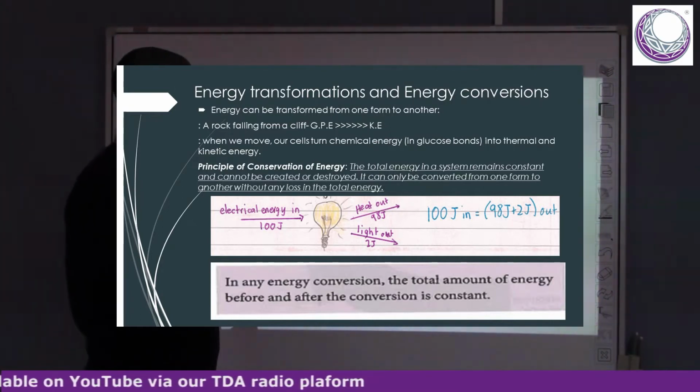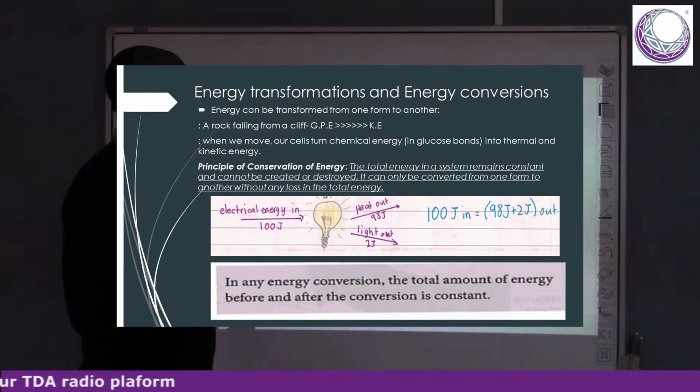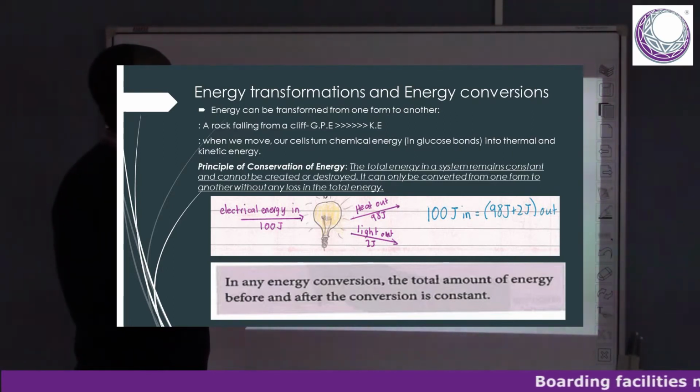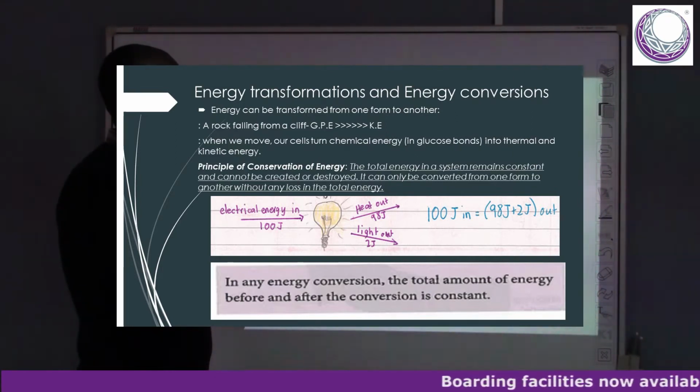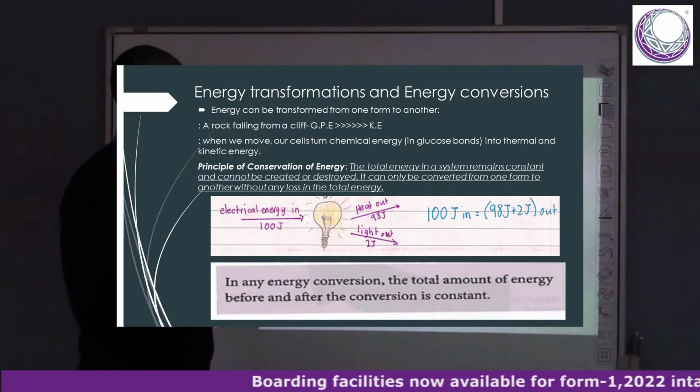Because it was on top of the cliff, it had g.p.e, gravitational potential energy. Now it's falling, that is movement downwards, so it has KE. And we see that the g.p.e which it had has been transformed to KE, kinetic energy.